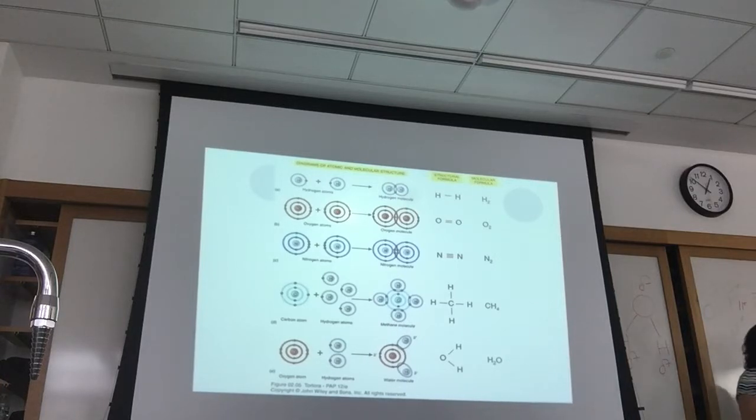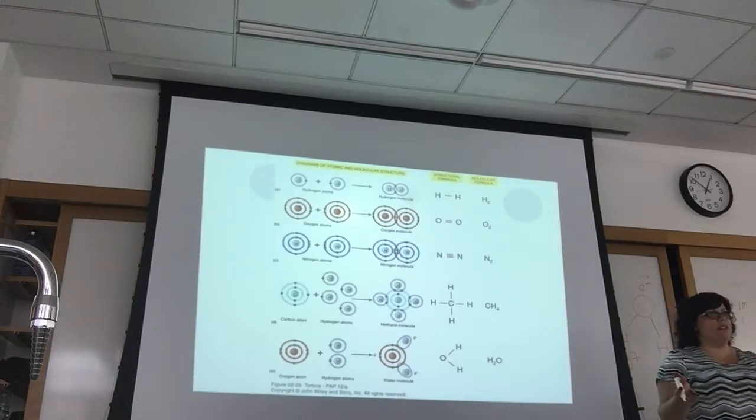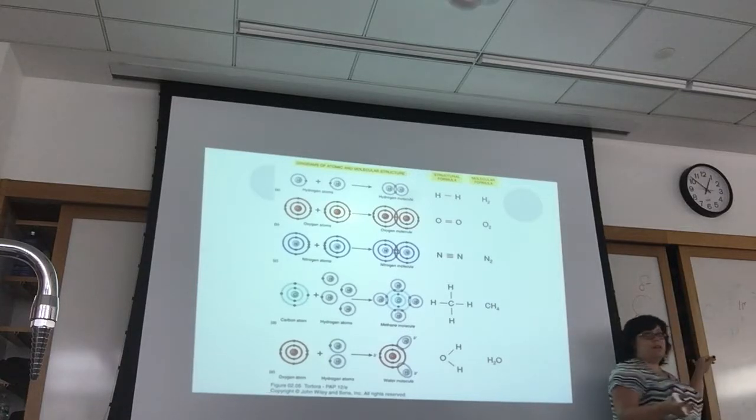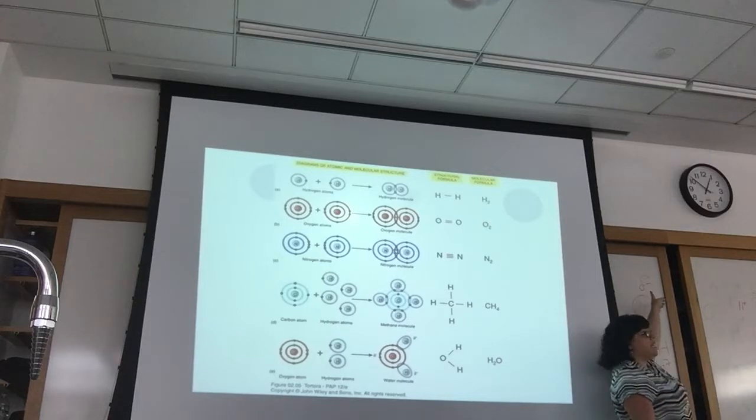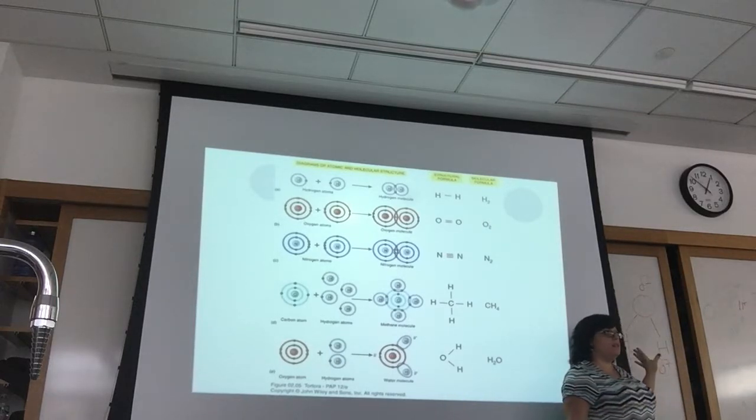So what would happen if I mix water with sodium chloride? If I mix salt and water together, the salt is going to dissolve in the water because water is a good solvent, because water has a partial negative side and a partial positive side.